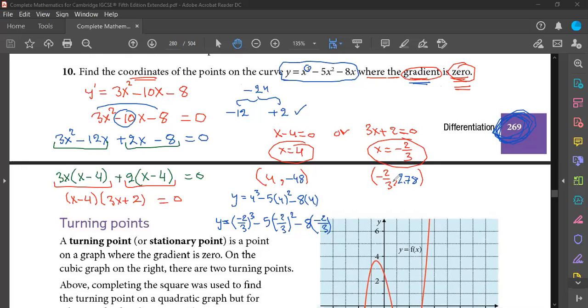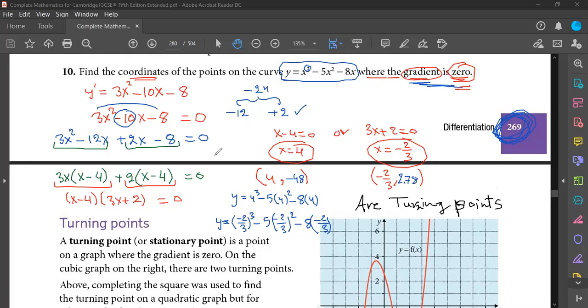Those 2 points, as you can see, because the gradient is 0, are a special case called turning points. Those where the gradient is always 0 are turning points.